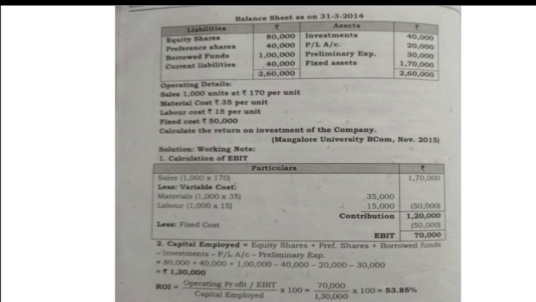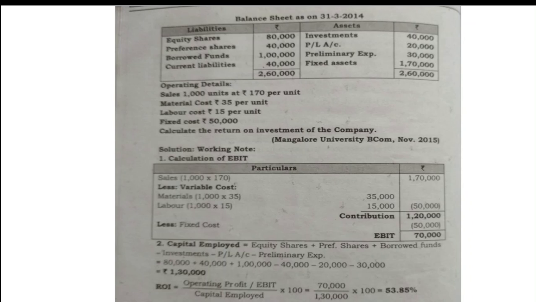If you add up 35,000 plus 15,000, we get 50,000. This 50,000 has to be deducted from the sales. Total sales 1,70,000 minus variable cost 50,000, we get the contribution, the remaining amount 1,20,000.